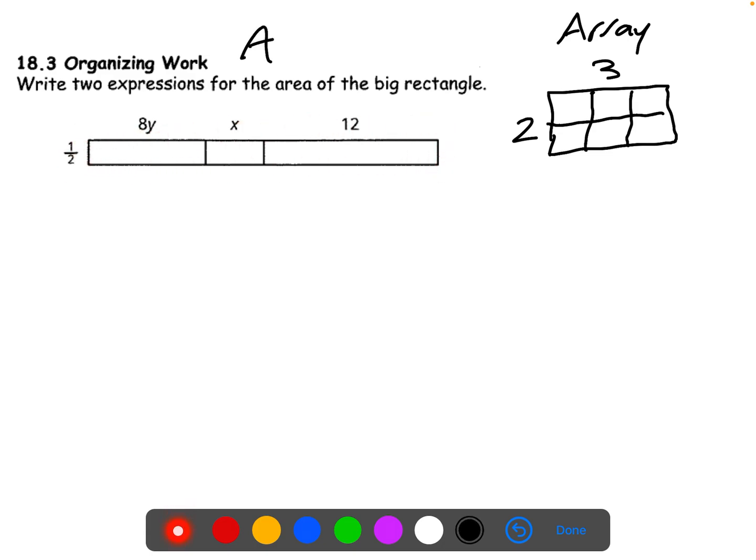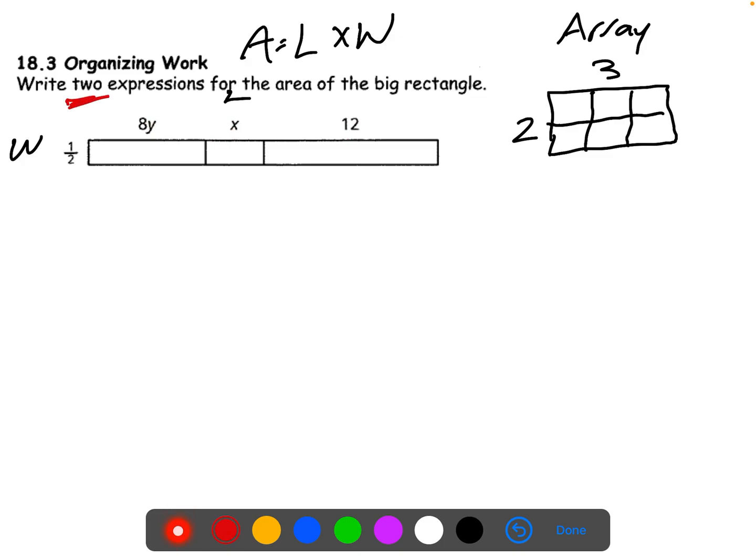And to find the area of a rectangle, remember we multiply the length by the width. Here we have the length and the width. We just have our length split into 3 parts, and some have different variables with them. All right, so we're going to write an expression to represent that area.